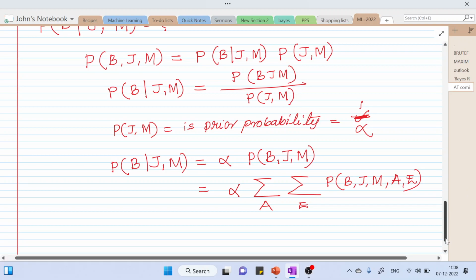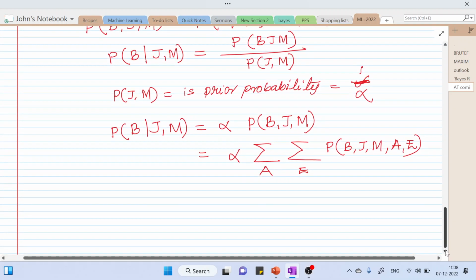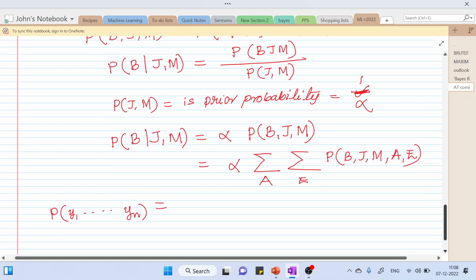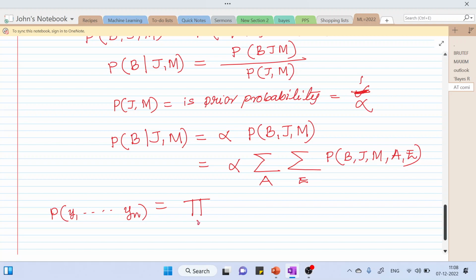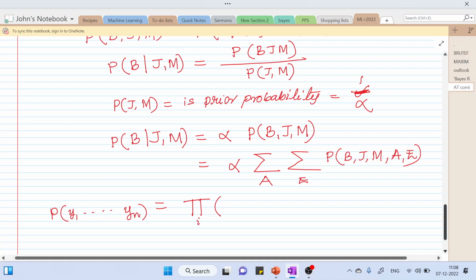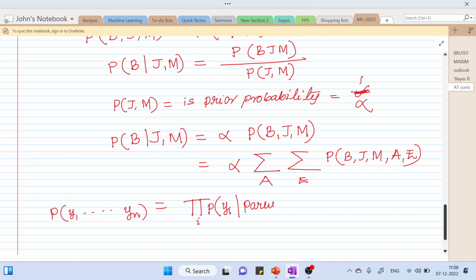So apply the chain rule. What is the chain rule? The probability of occurrence of y1 to yn is the product of the probability of yi given the parents of yi.